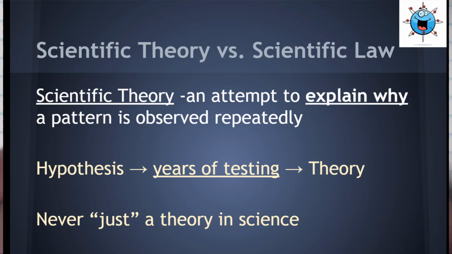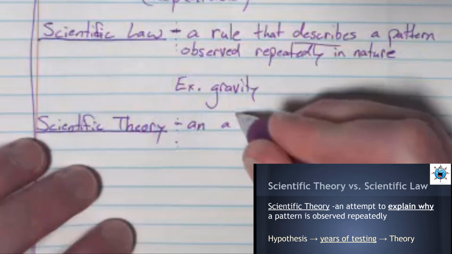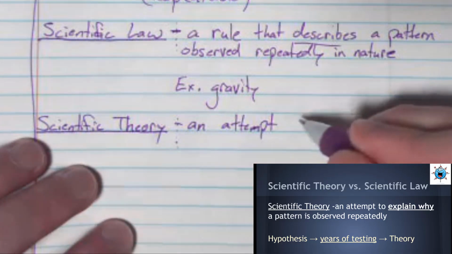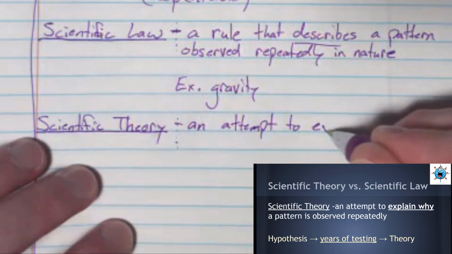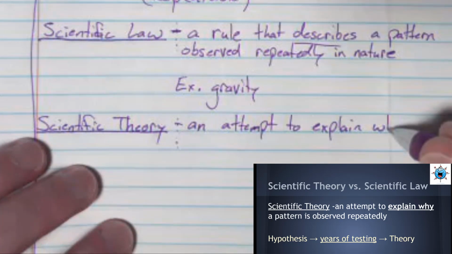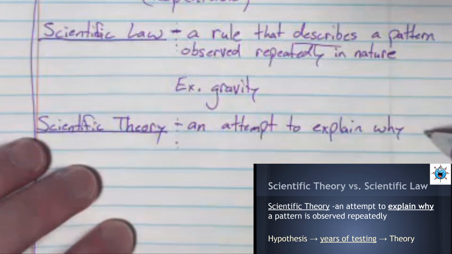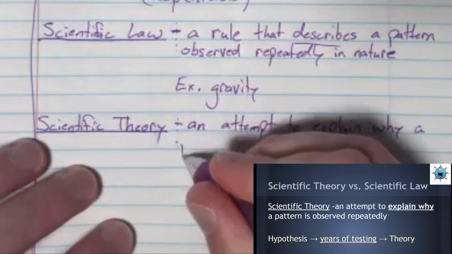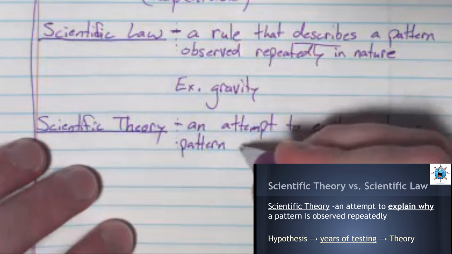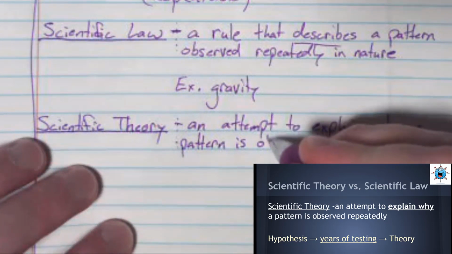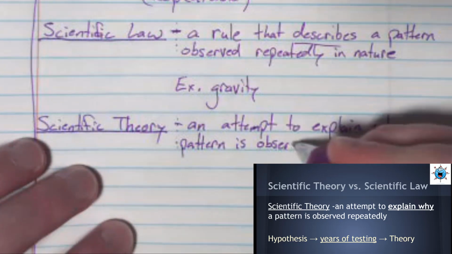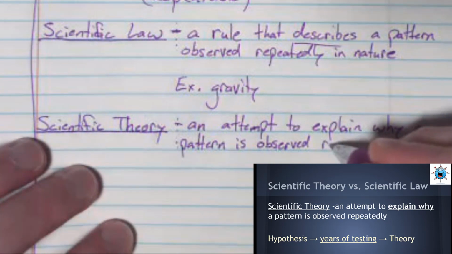So a scientific theory is an attempt to explain why a pattern is observed repeatedly.